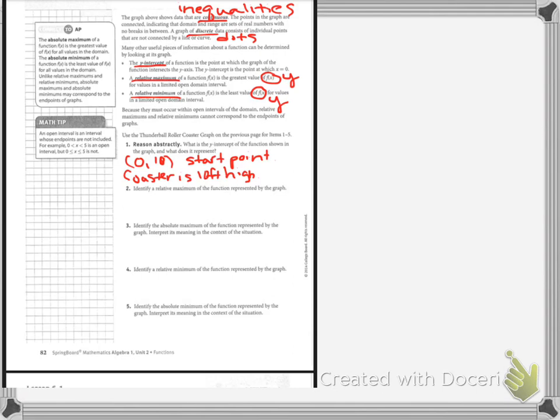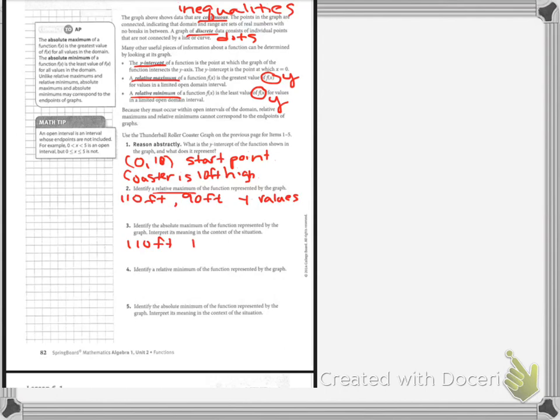The relative max, technically we have an absolute and a relative, so if it's absolute it's also relative, so we can say 110 feet and 90 feet. We can have two of those. Remember that the max and the min, those are only y values. Do we have an absolute max? Yes, it is just the 110.